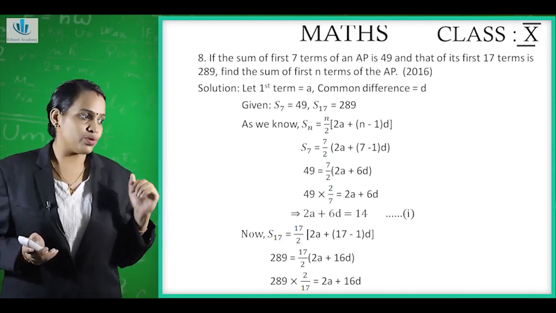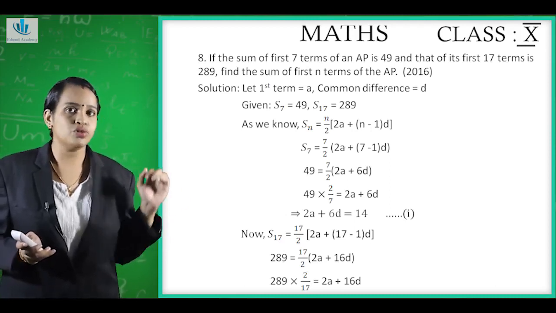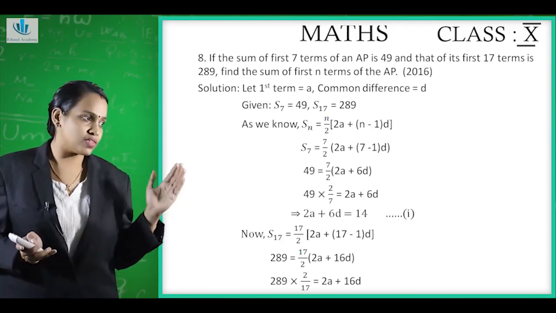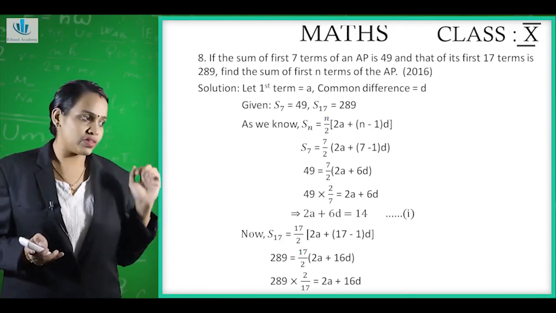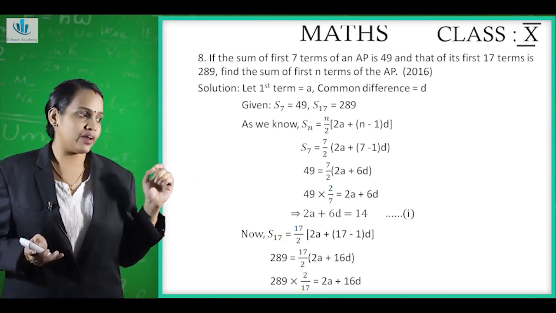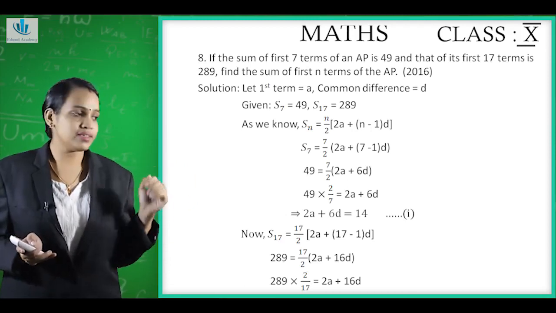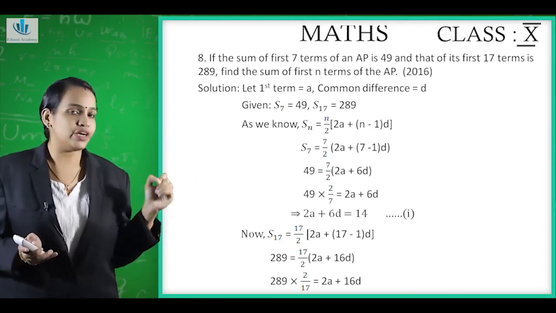Now the formula you know for the sum, it is Sn is equal to n/2 into (2a plus (n minus 1) into d). Now we will put the values. So S7 is equal to 7/2 into (2a plus (7 minus 1) into d).